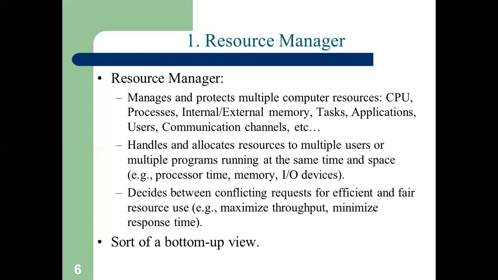What are the different resources? CPU, processes, internal or external memory, tasks, applications, users, communication channels, etc. So it provides and manages these resources. You can see here the central processing unit. This is the main resource. Whenever you write a program, it goes to the main memory, and for processing from the main memory it goes to the CPU.